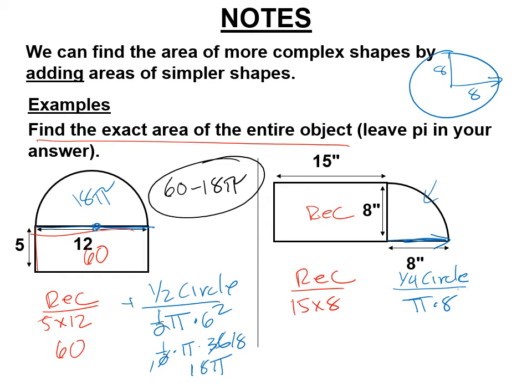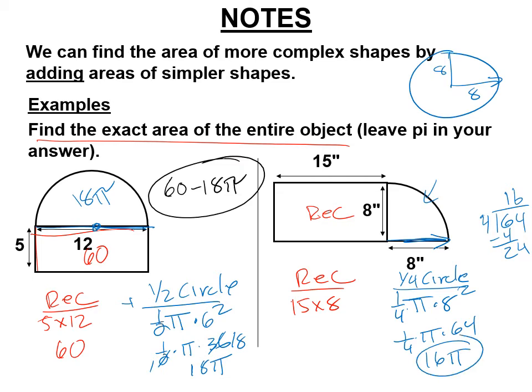So pi times 8 squared times 1/4, right? Because it's 1/4 of a circle. So 1/4 times pi times 64. Now 4 goes into 64, and we're going to cancel the 4 with the 64. It's 16. So this is 16 times pi for just this little 1/4 of a circle.